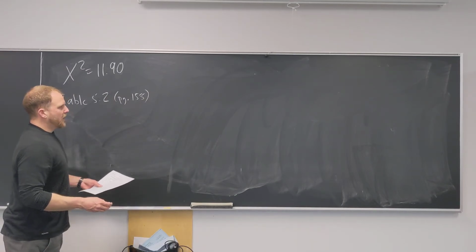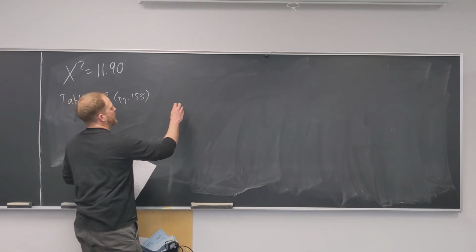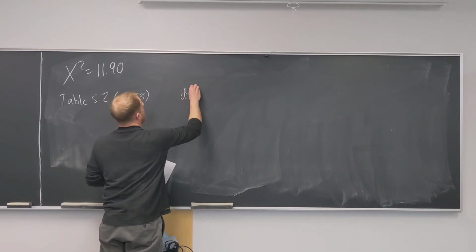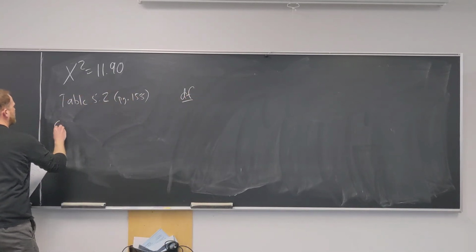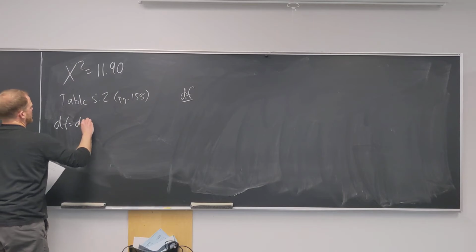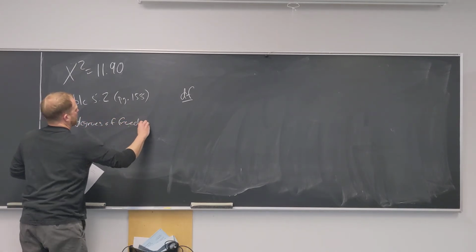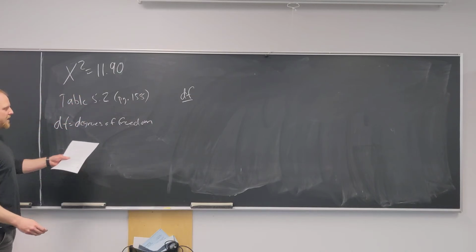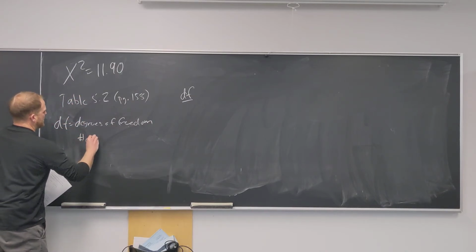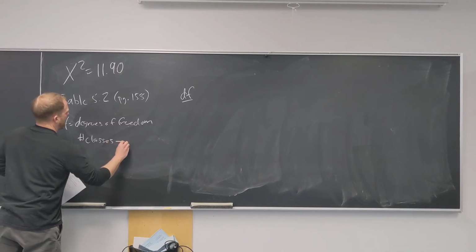Okay, so this works. The very left-hand column of this table is something called the degrees of freedom, or DF. Really simply, this is the number of classes minus 1.